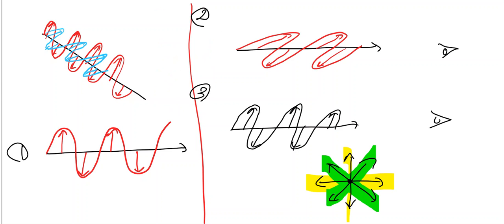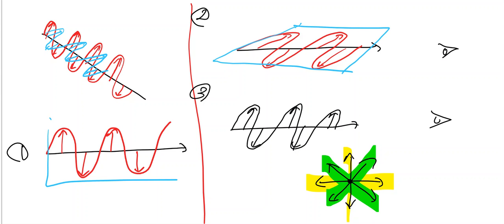If we see that in any light, electric field vectors are oscillating in a particular plane only, then that light is called polarized light. So here, in this case, I can say that this is the plane of oscillation, whereas this is the plane of oscillation for this wave, and this is the plane of oscillation for the third wave.